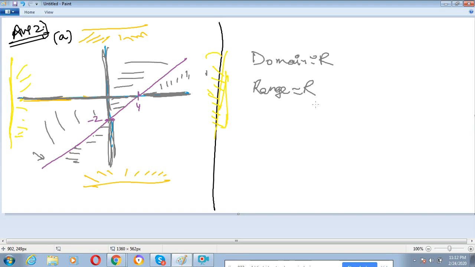They ask what is the range of x. X is going from minus infinity to infinity, right?